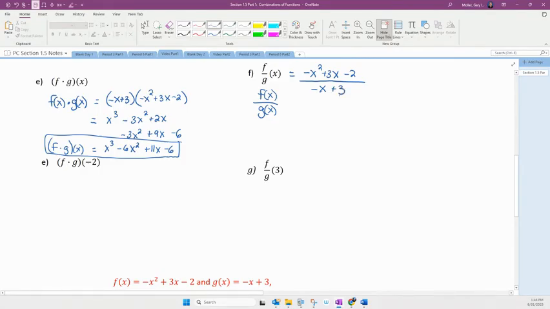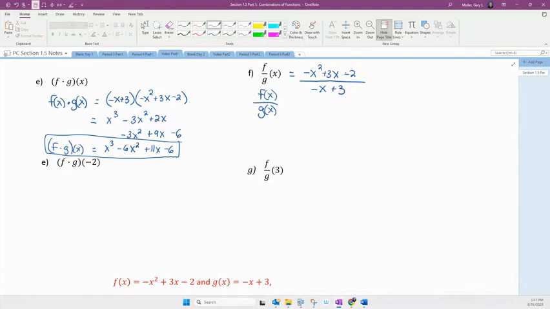Now, simplifying fractions, we know we can cancel out factors. So if we want to go further with this, we would try to factor the top and see if we have any common things that'll factor. I already know that we don't because of this 2 and this 3. This won't have factor that's an x plus 3, so I know we're good.